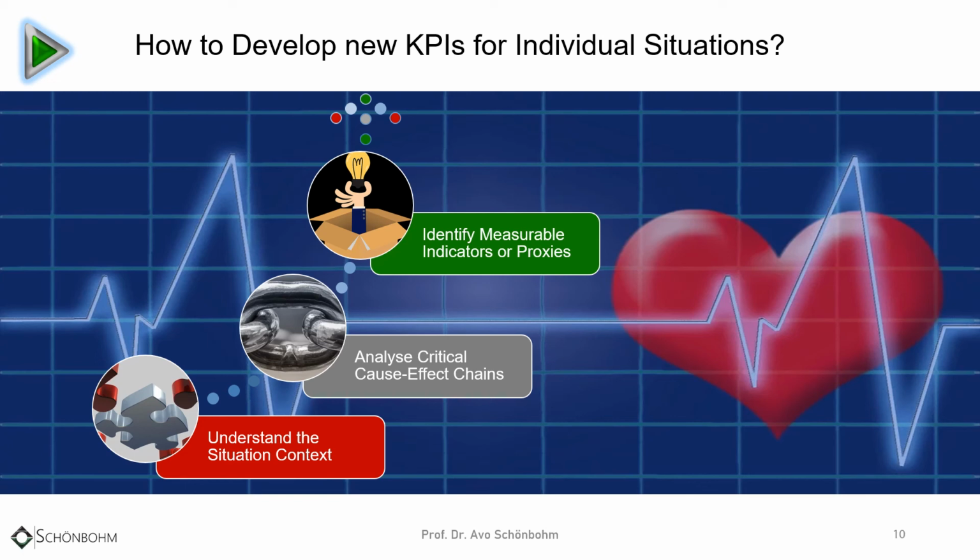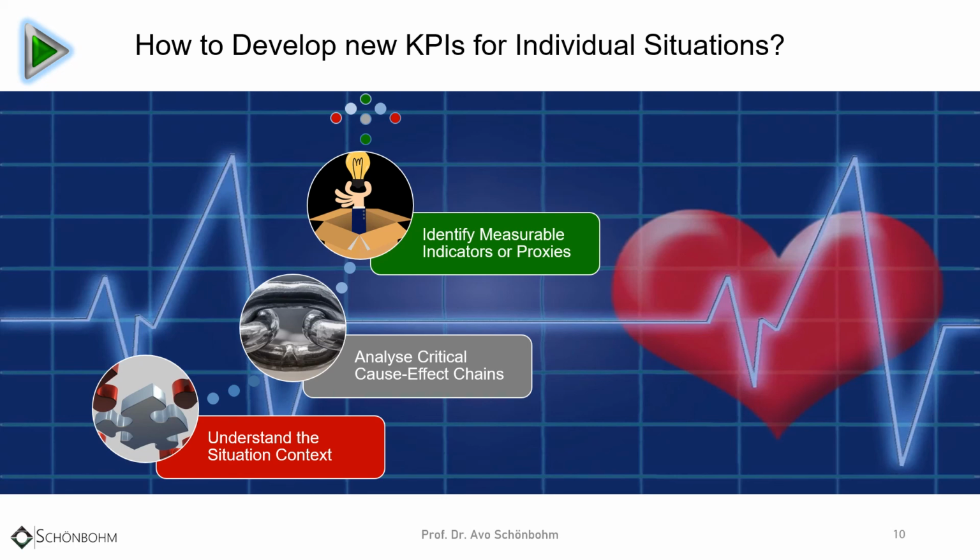So a proxy in this case would be quite acceptable because it's the only thing that we have. Of course, if we have more things, for example, GPS tracking as well, we can see how many kilometers we ran during a jogging run. And then you can combine both numbers and your proxies get even better.